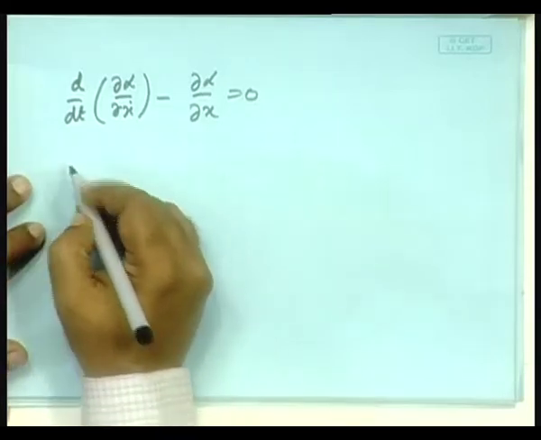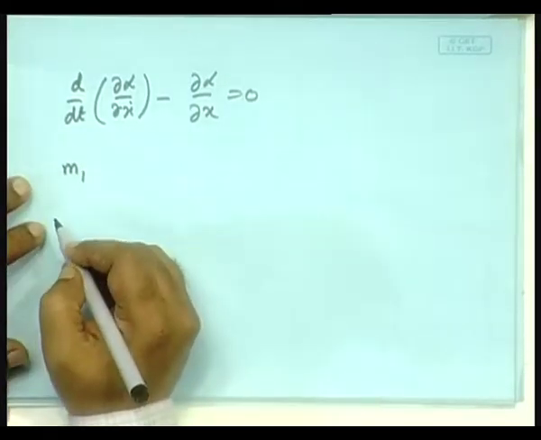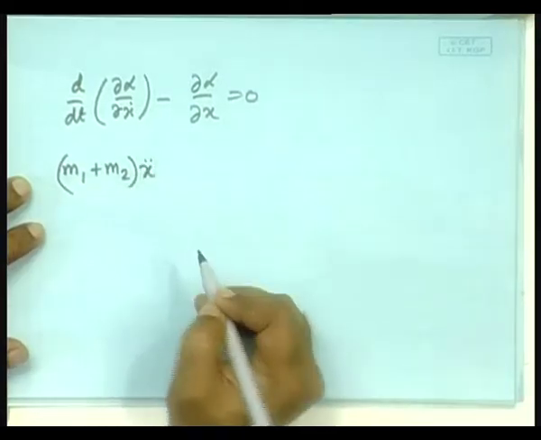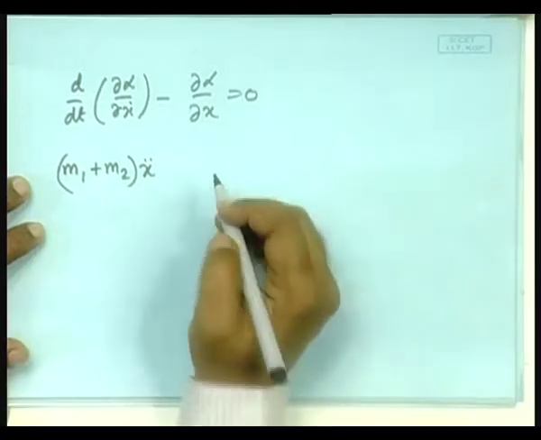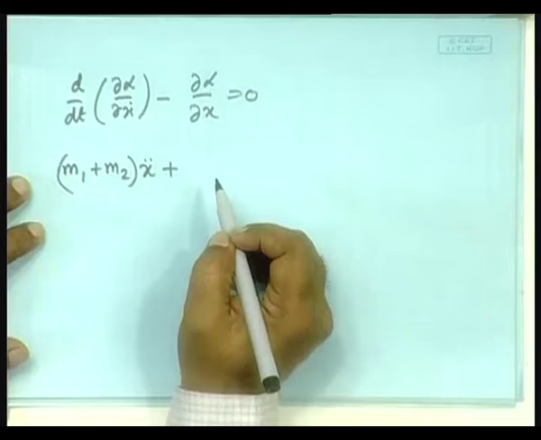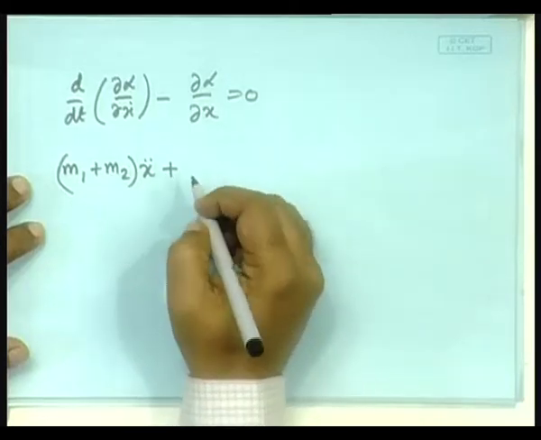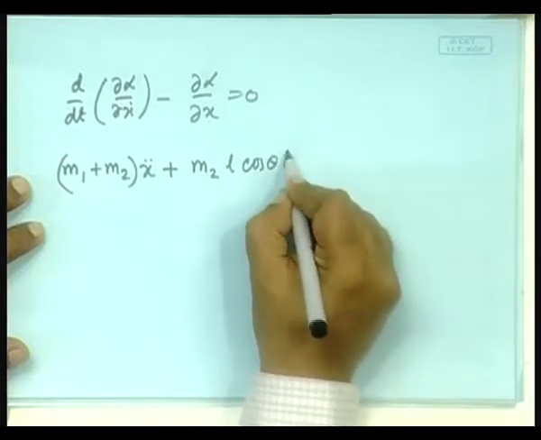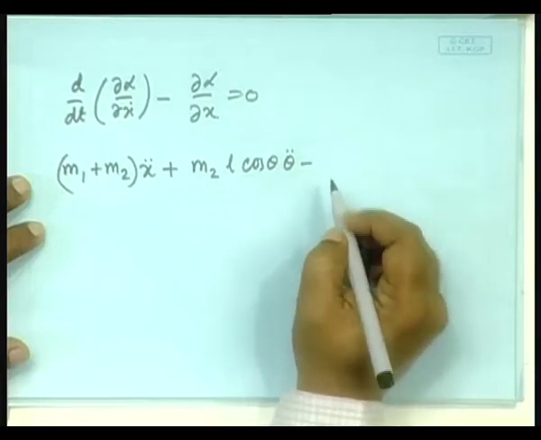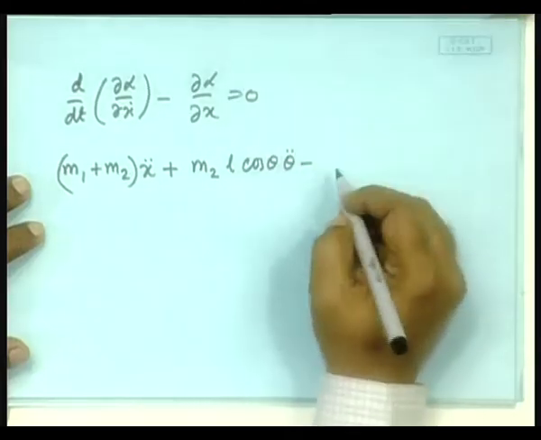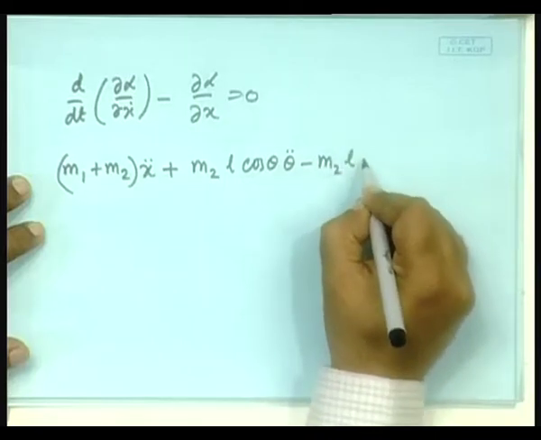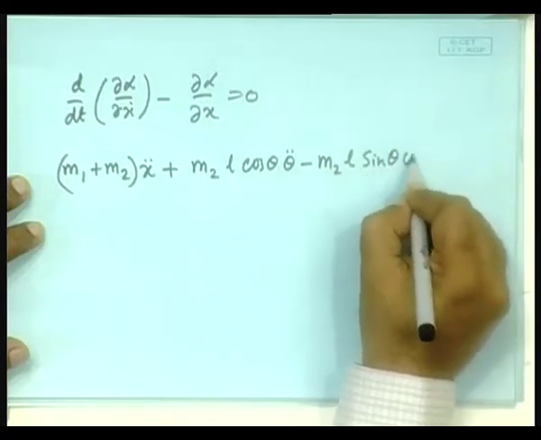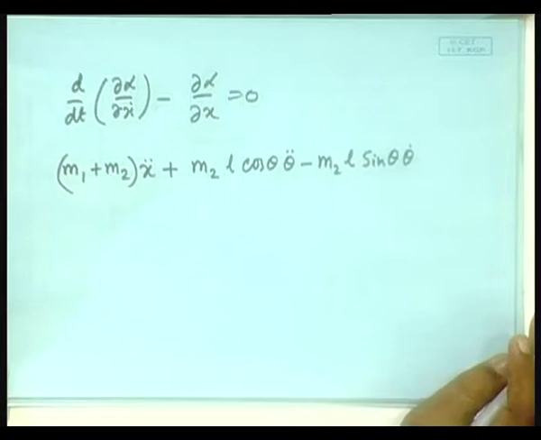It will be m1 plus m2 x double dot plus m2 L cos theta theta double dot, minus m2 L sin theta theta dot square.